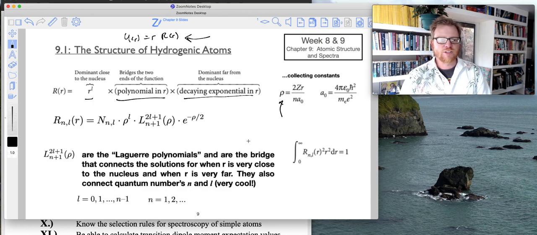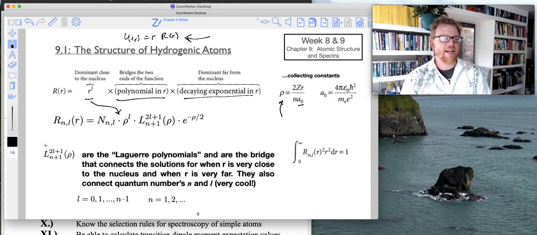So you can see this r raised to the L power becomes rho raised to the L power, because that approximate solution of r raised to the L power didn't contain all of those constants. The Bohr radius is in that package, so there's a ton of constants here that are actually being raised to the L power. So this is that term right here.